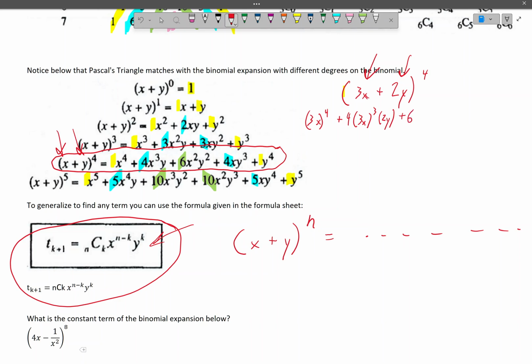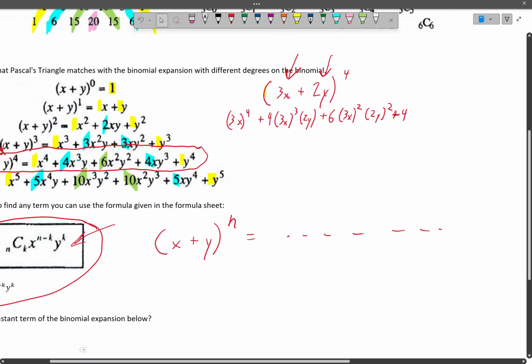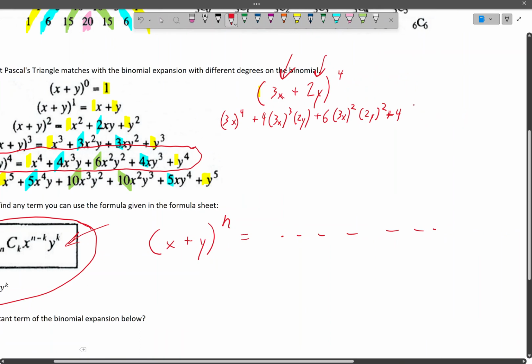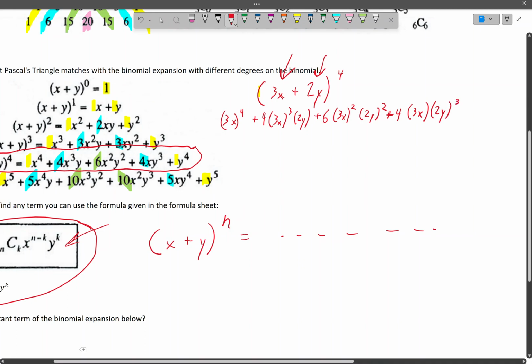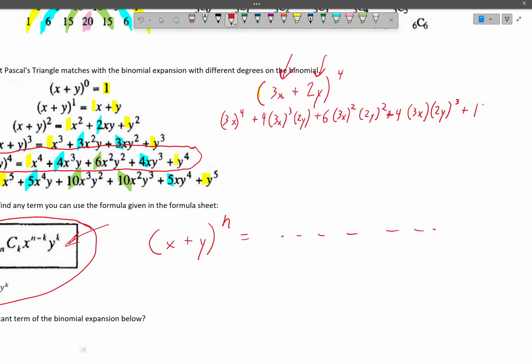Plus 6 times 3x squared times 2y squared, plus 4, and you can see again it's symmetrical, so we already know it's going to be a 4, but this time it's going to be 3x and then 2y cubed, plus 1 times, I'll just write it as 2y to the 4.